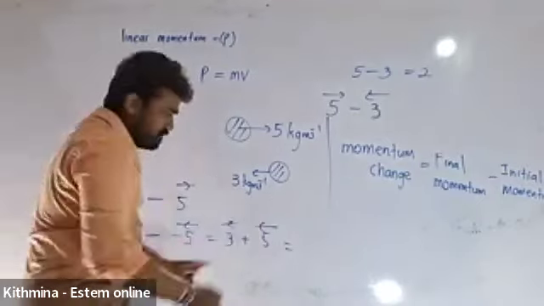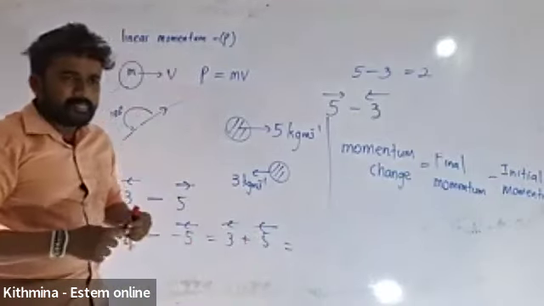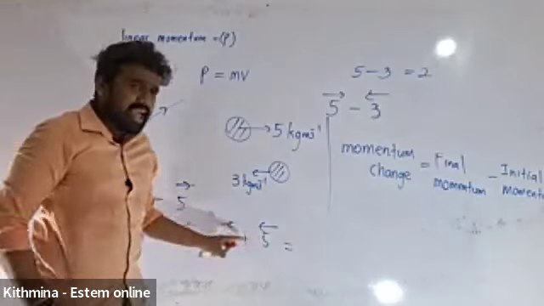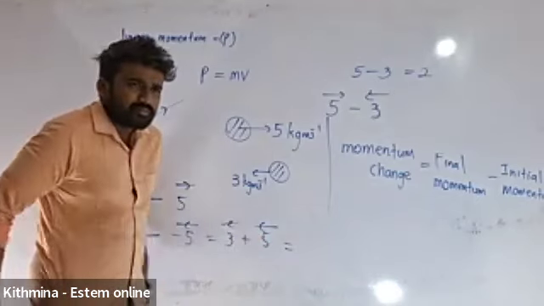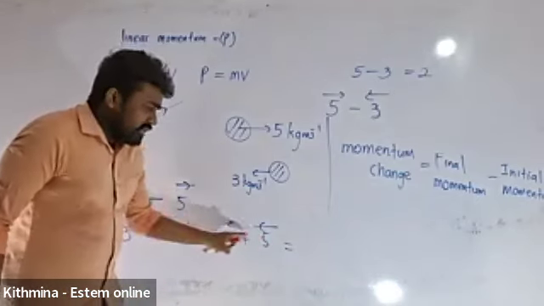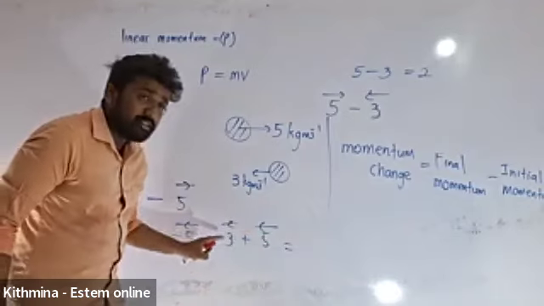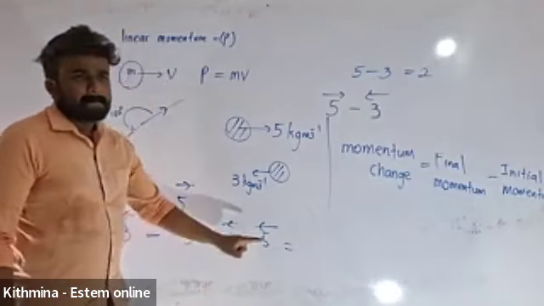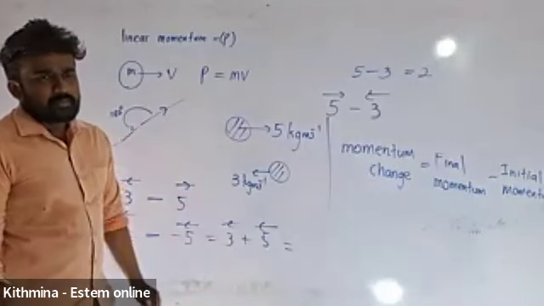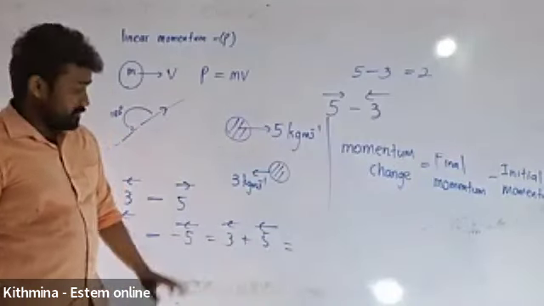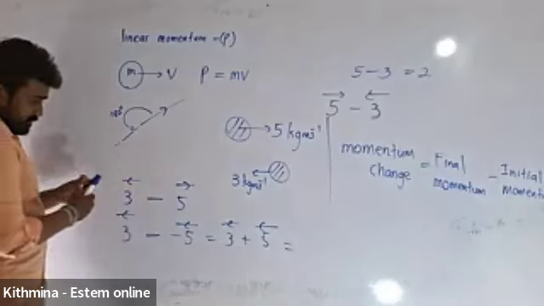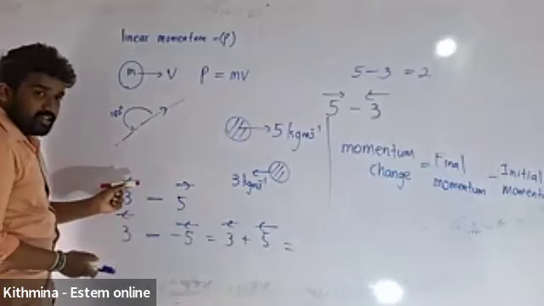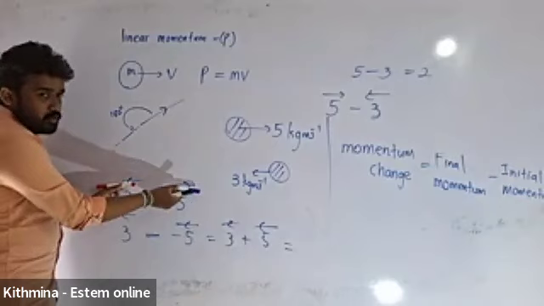What is the angle between these vectors? 5 and 3. We know this vector is on this side, this vector is on this side.